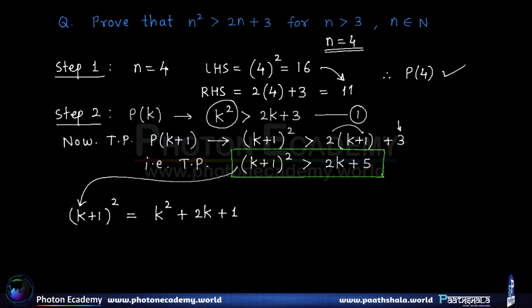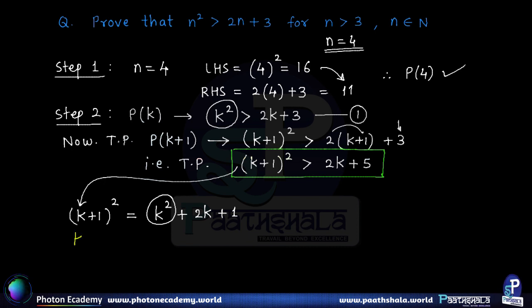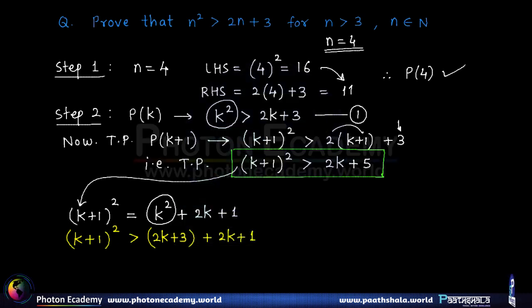So that means if we substitute that here, we can definitely reason out that k plus 1 the whole square has to be greater than 2k plus 3 plus 2k plus 1, isn't it? Because k square itself is greater than 2k plus 3. So that means what we have got is k plus 1 the whole square is greater than that.